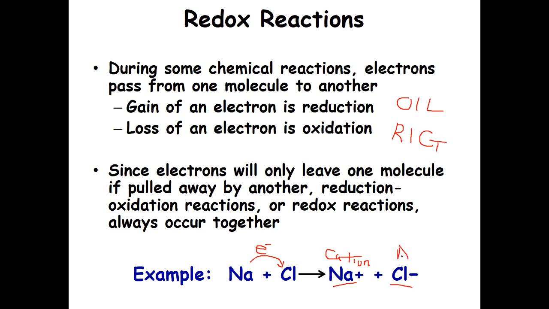I hope you remember some of that. So you see how the electron doesn't just randomly leave sodium unless it's pulled away by chlorine. This is an example of a redox reaction.